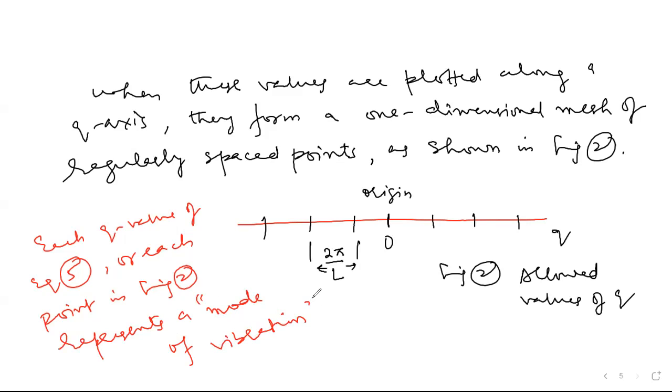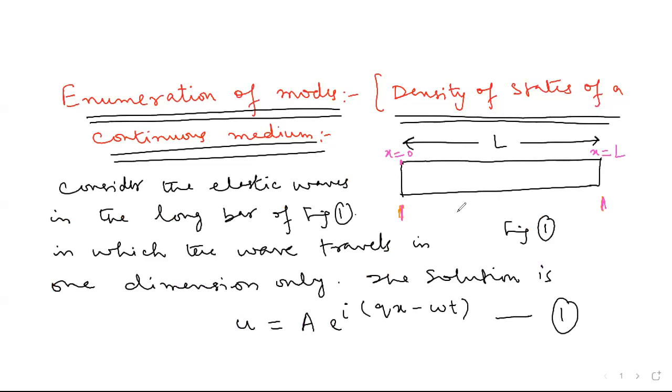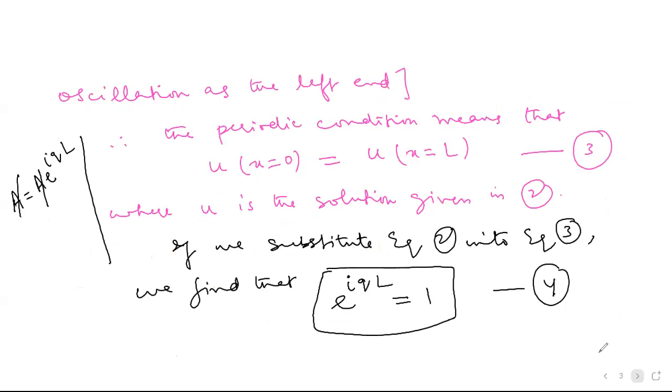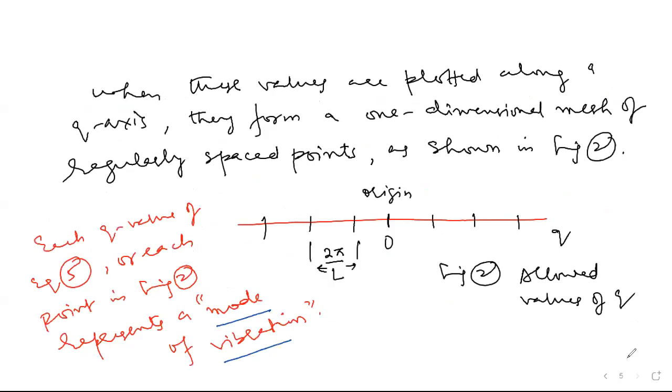Understand it. I underline this, mode of vibration. That means under the imposed boundary conditions, this bar can vibrate in multiple ways. Each way is a mode, right? And those ways are governed by the boundary condition 4 and allowed values are presented by equation 5, right?